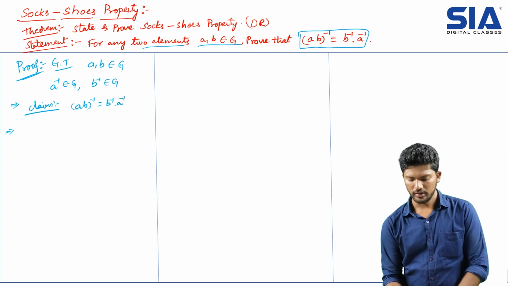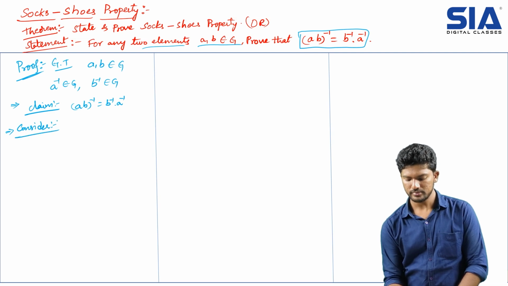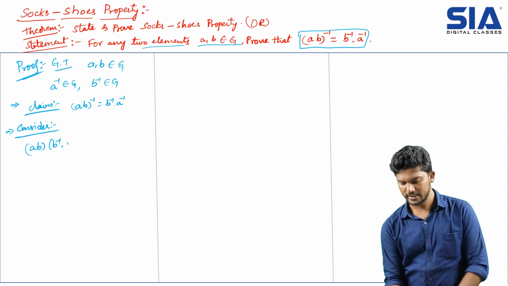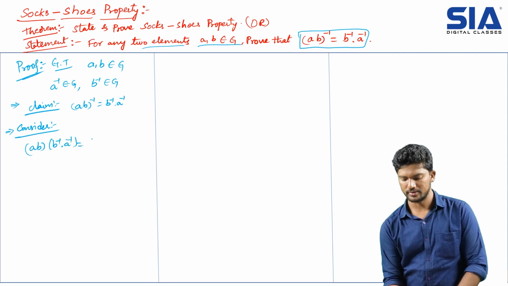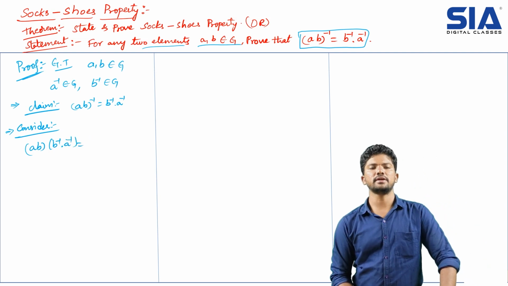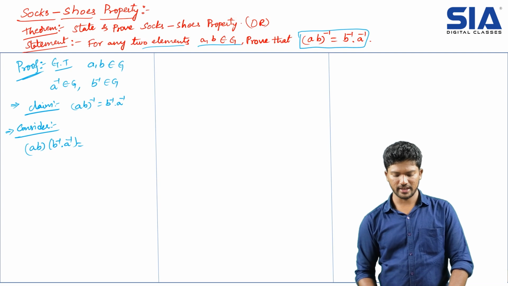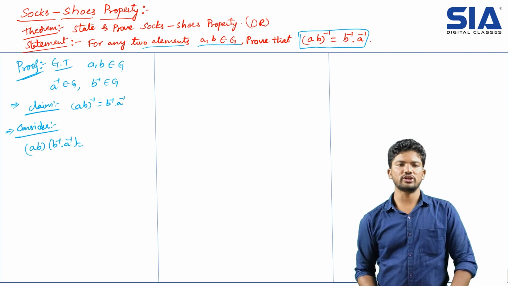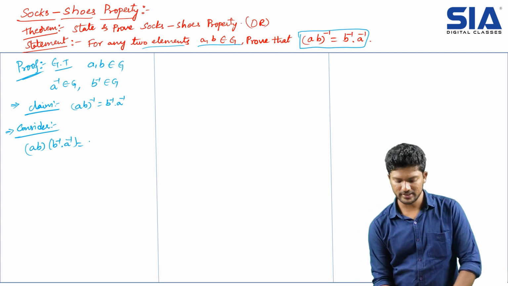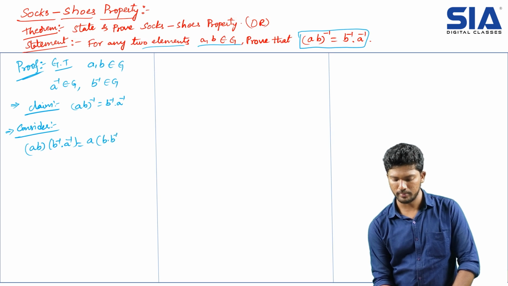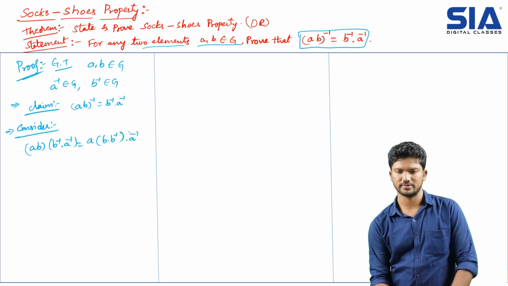So therefore consider (a into b) into (b inverse into a inverse). By using the associative property, the LHS value we can write as a into (b into b inverse) into a inverse.